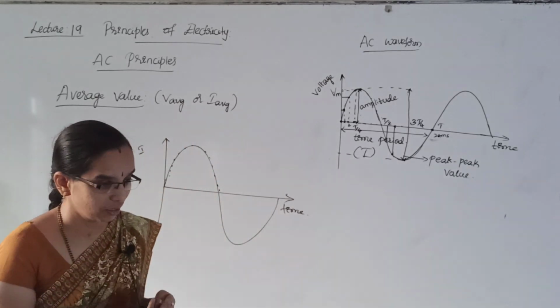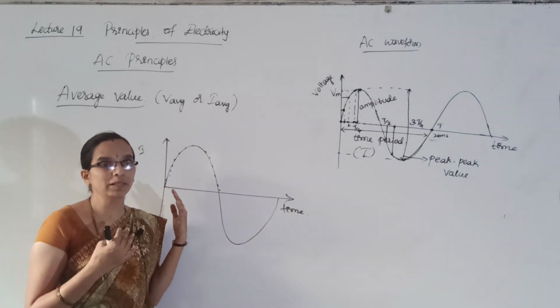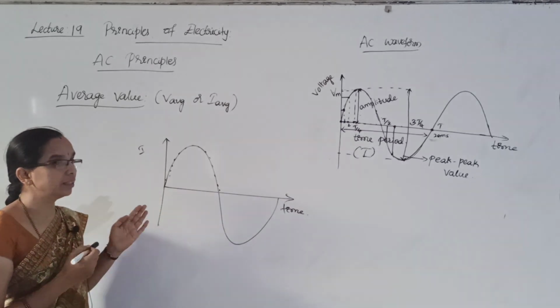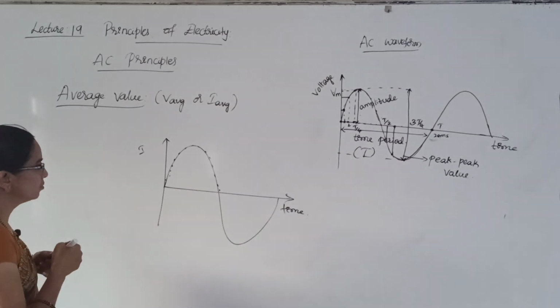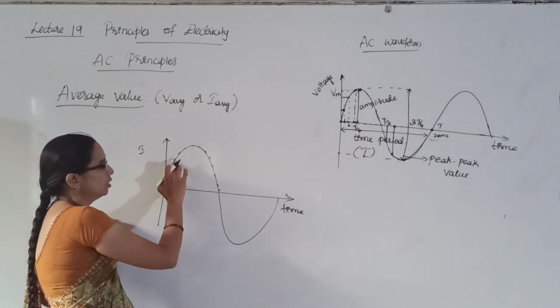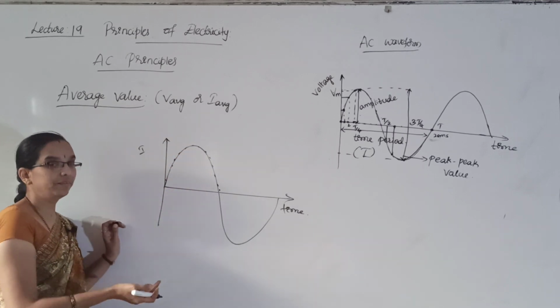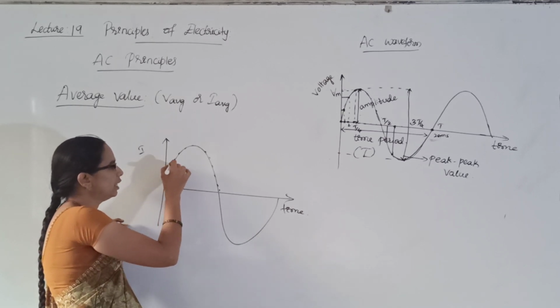So here also, in the same way, AC quantities will have so many instantaneous values. It is very important to take the average value of those. Average value, in the sense, I will take the sum of the instantaneous values of current and divide by the number of values.